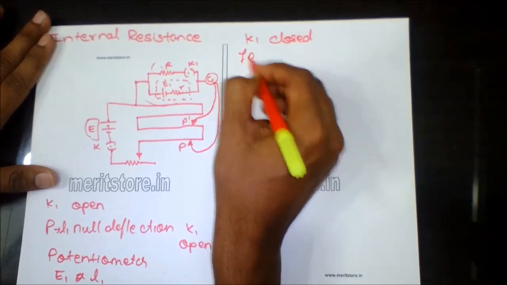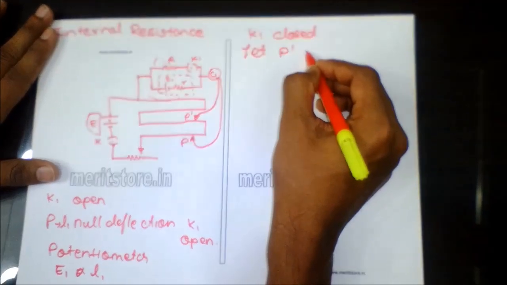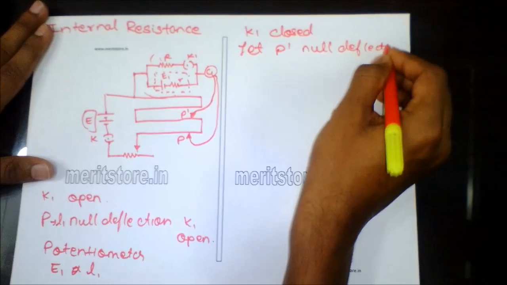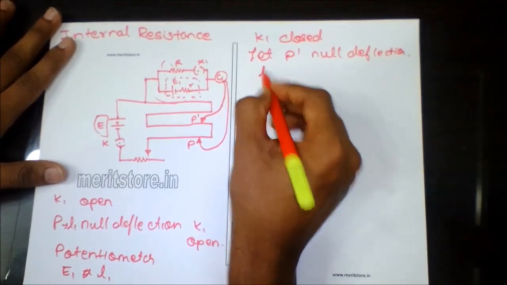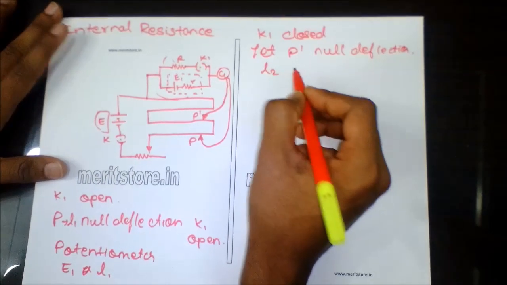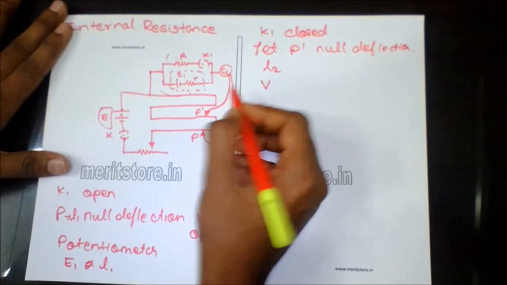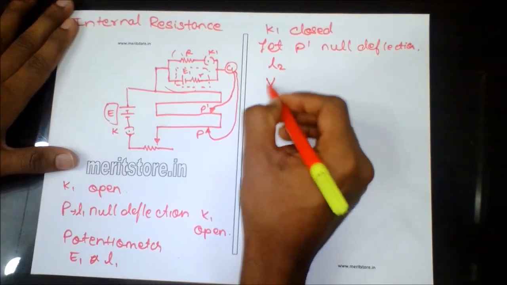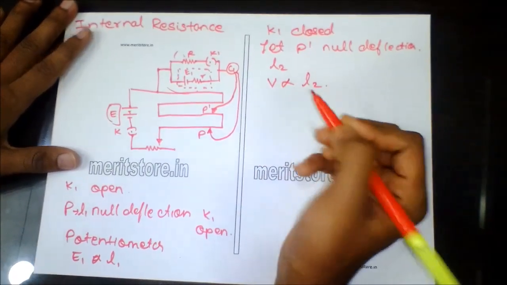Let us assume that P dash is the point where the null deflection is observed, at a length of L2. So the potential across this circuit for the length L2 is proportional to length L2.